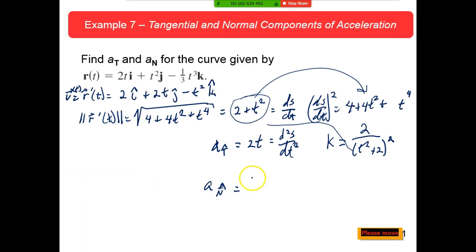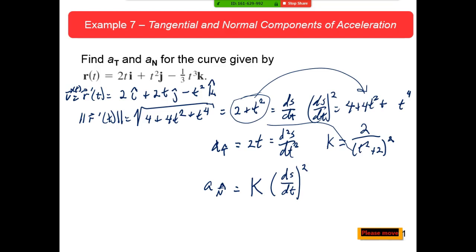This is totally nuts. Okay, that's your capital K times ds dt squared. Maybe I'll just write slower and it'll do. Okay. I'm also writing bigger.